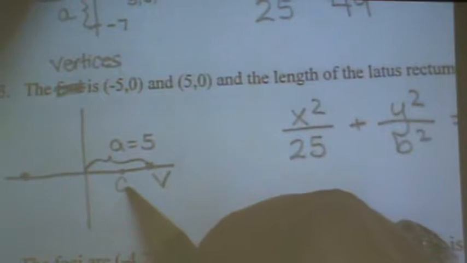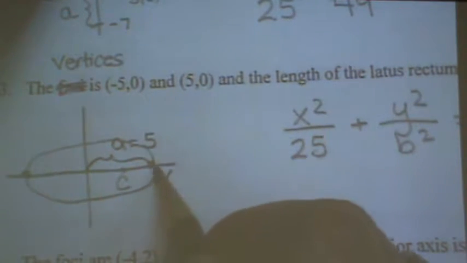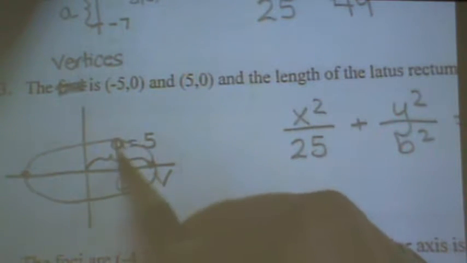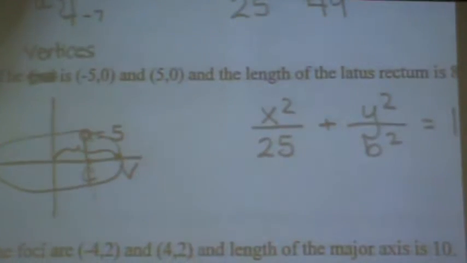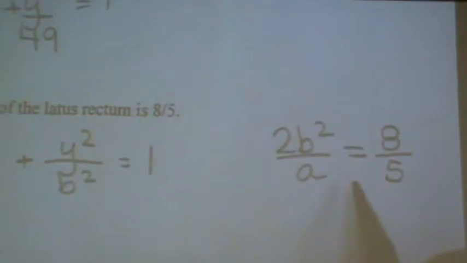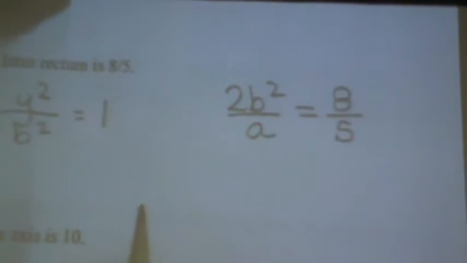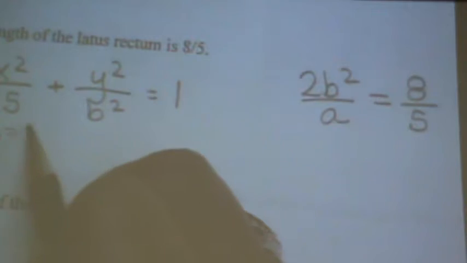So if this is C, let's say this is your ellipse right here. This is 2b squared over a, the length of this, from this point to that point is 2b squared over a. So now, if the length of the latus rectum from this point to this point measures 8/5 units long, and we know what A is, 5.